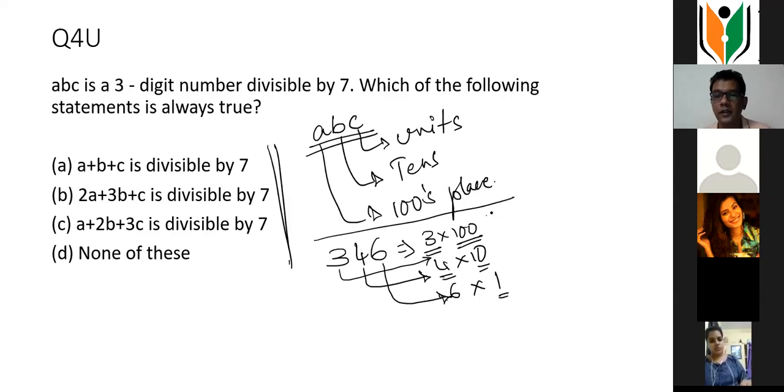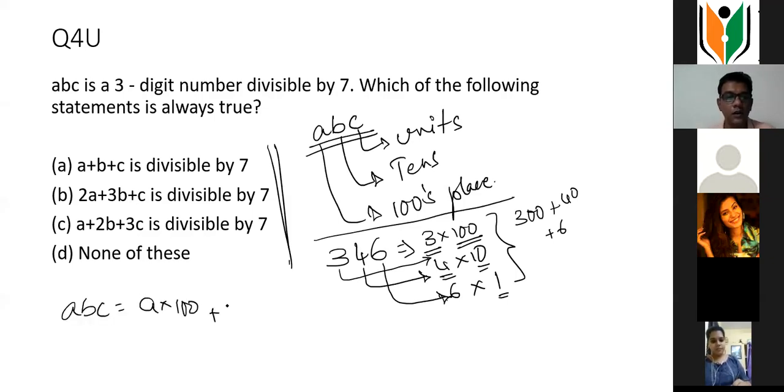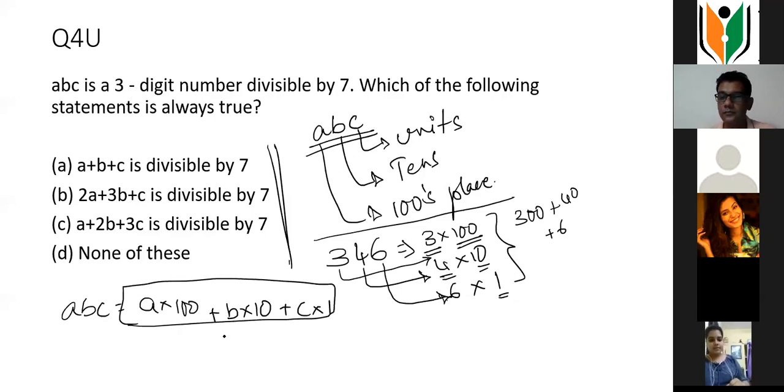So you write 346 as 300 plus 40 plus 6. In that case, can I write ABC as A into 100 plus B into 10 plus C into 1? Yes, taking the face value and the place value.